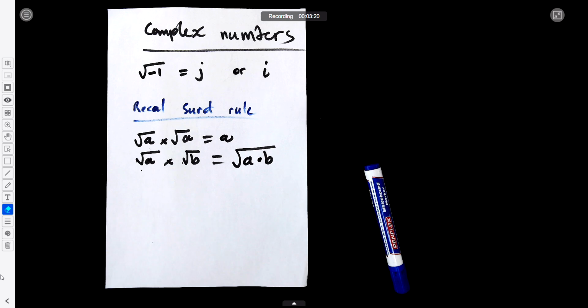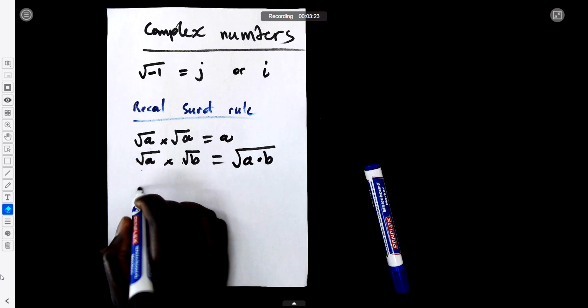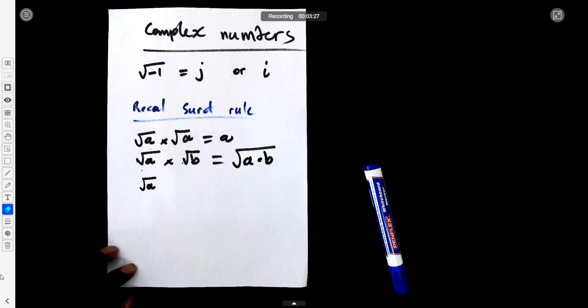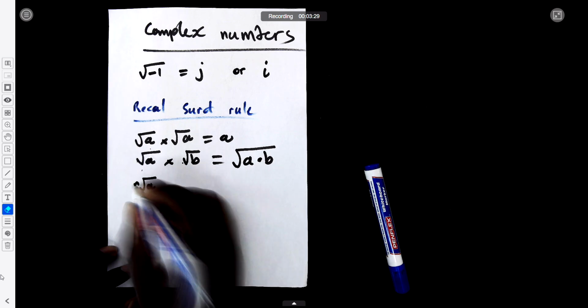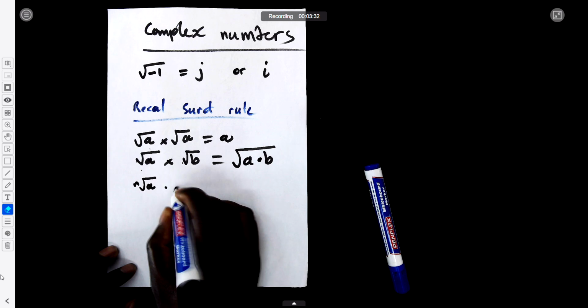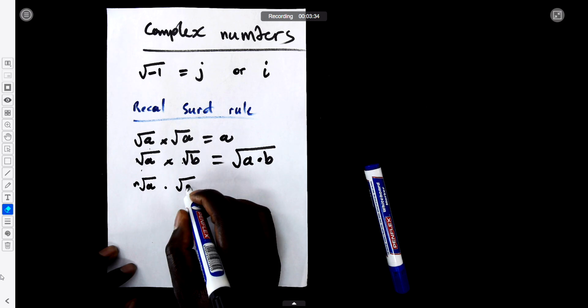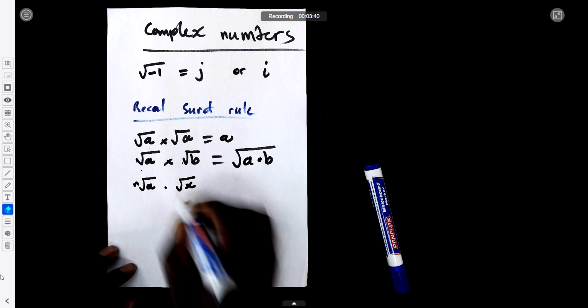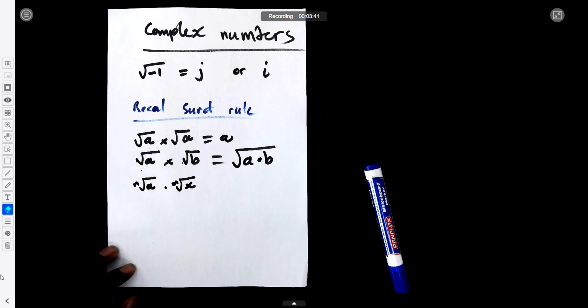Let me not add the other one, but for your information, I'm just going to add it, but we're not interested in it. Let's say you have the nth root of a, where n can be 2 or 12 or 20, multiplied by the mth root of x.